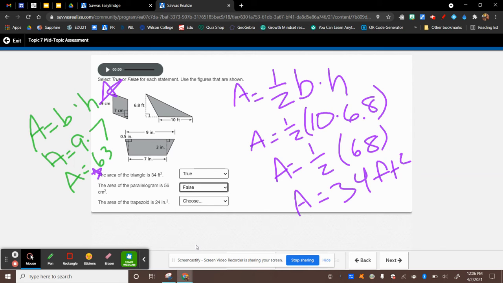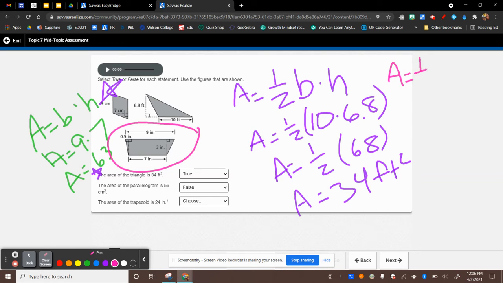Now we can look at the area of the trapezoid. Let me change colors. Here's our trapezoid. The area of a trapezoid is 1/2 times the height times B1 plus B2. So if I plug in the numbers for my trapezoid, I have 1/2. The height is 3.